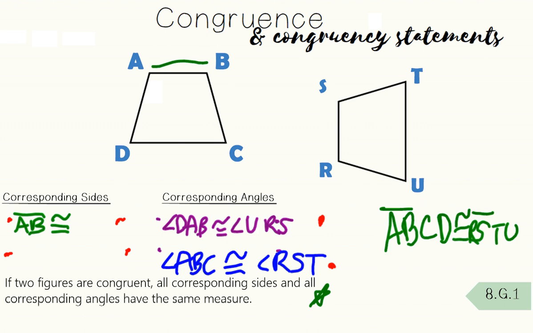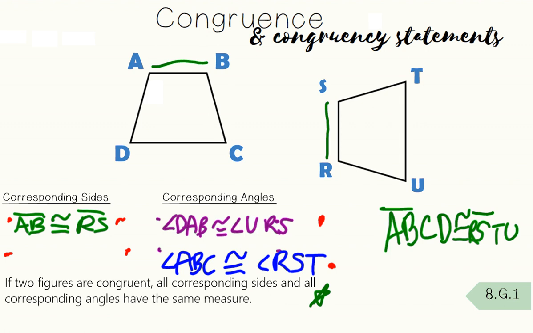So I will write RS with the line segment symbol on the top. AB is congruent to RS. Okay? If I come now on my picture and mark RS, I can see that those do appear to be the same length. And since I have my statement here telling me that it's congruent, I can confirm that that is the same length.